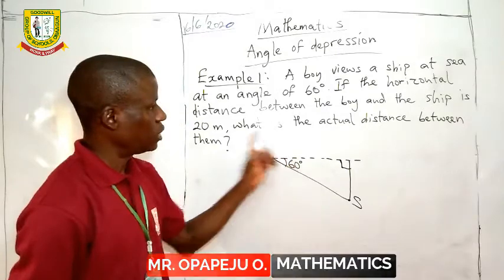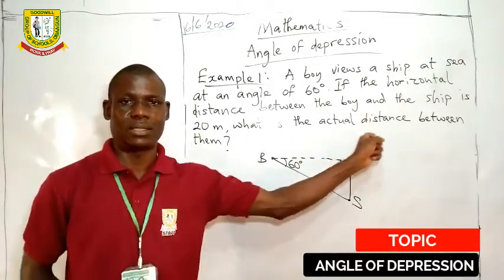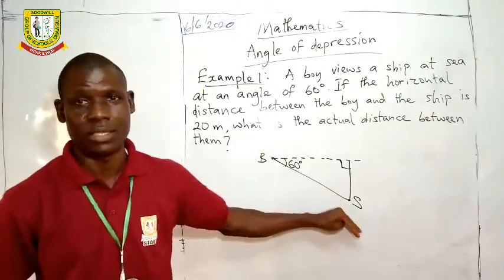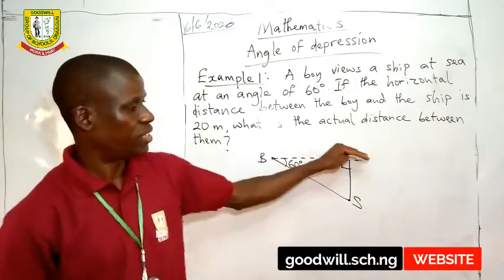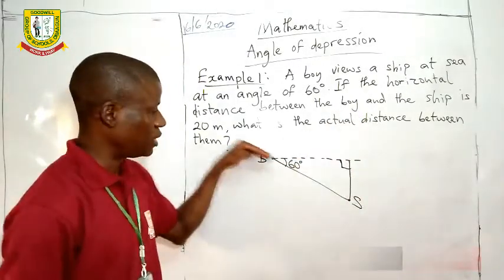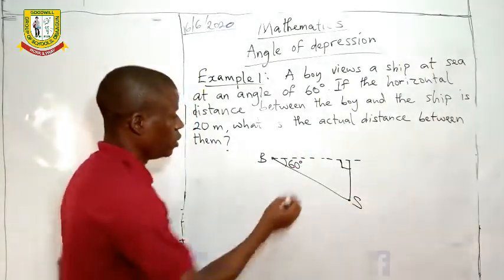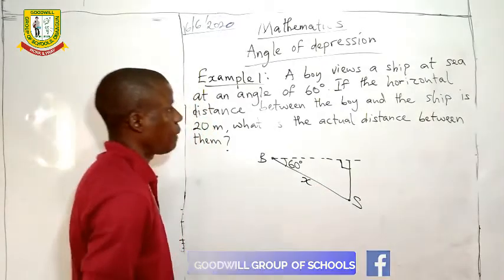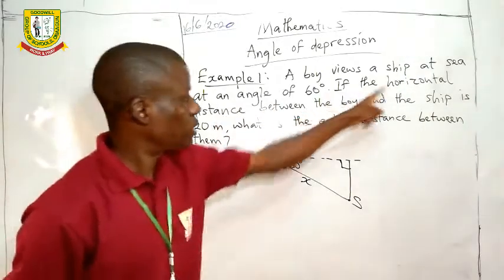So from here, the question we are asked is the actual distance between them, that is between the boy and the ship. This is the actual distance. If you go by this, this is indirect, moving this way, but this one is direct, so that is what is coming as our actual distance. So we take the value for this to be an unknown value, and then we are given the horizontal distance.